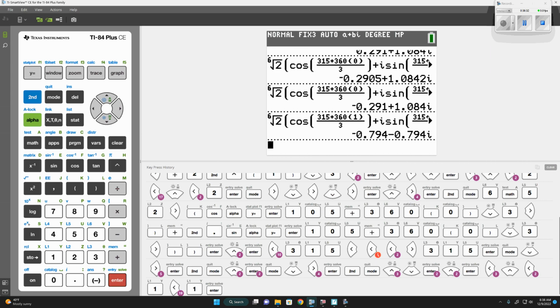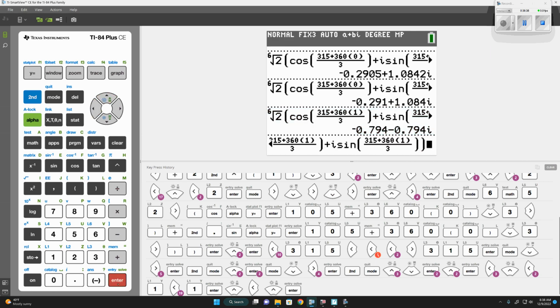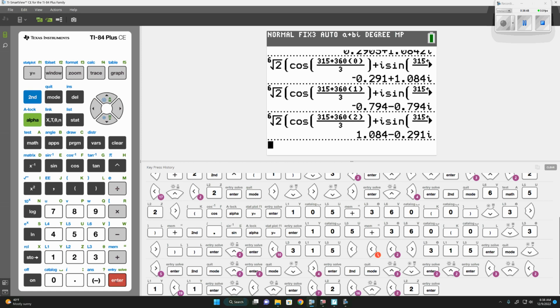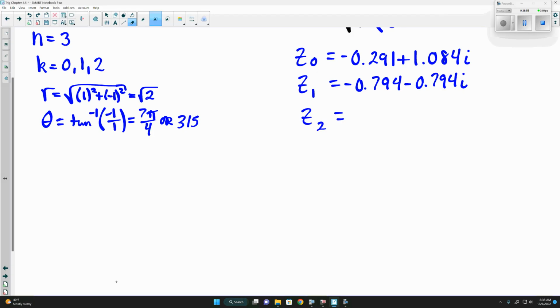And last one, replace with 2: 1.084 and 0.291.